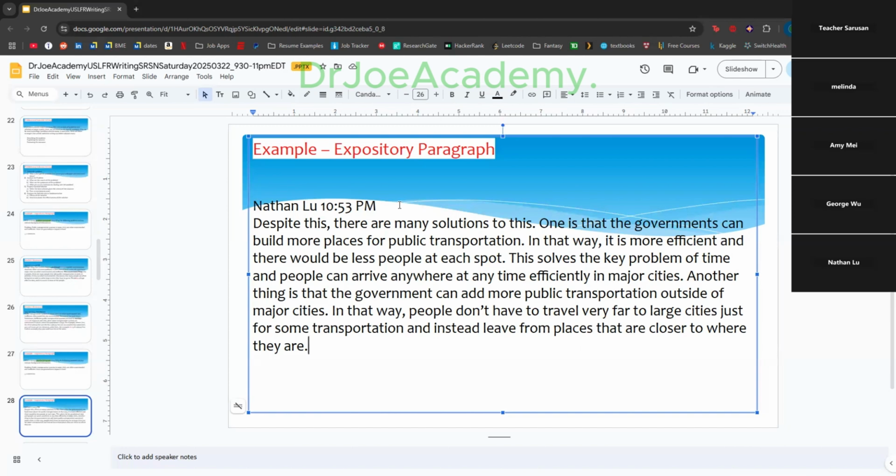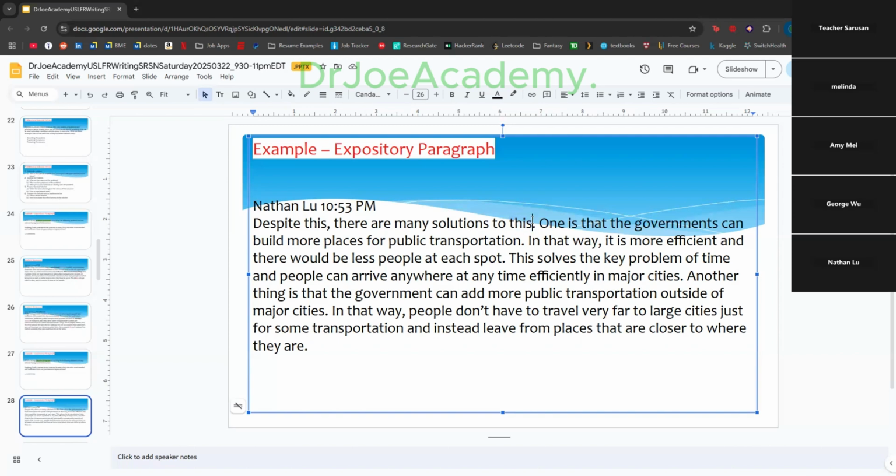All right, so excellent points made here and very realistic as well, especially that last point about expanding outside nearby cities. So let's proofread this real quick. So despite this, there are many solutions to this. So just because we're saying this a couple times and we don't really know what we're referring to, let's pretend like this is a new reader that's checking this out.